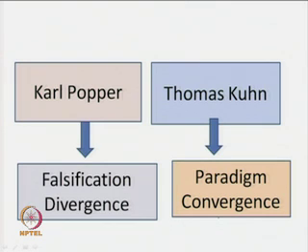Their work was very important because they tried to shed light on science as an enterprise, on the epistemology of science, on the methodology of science. And interestingly, both Popper and Kuhn were so different in their formulations.